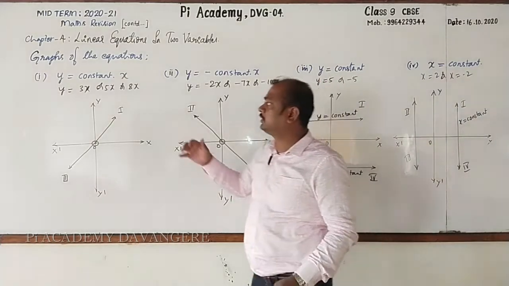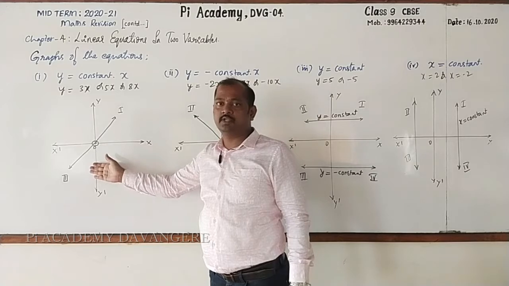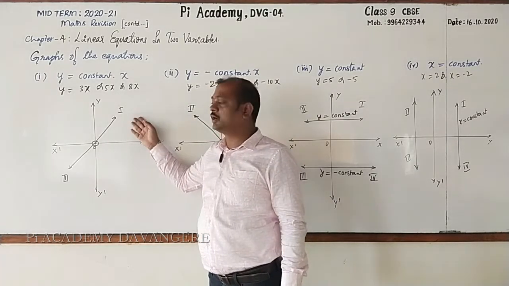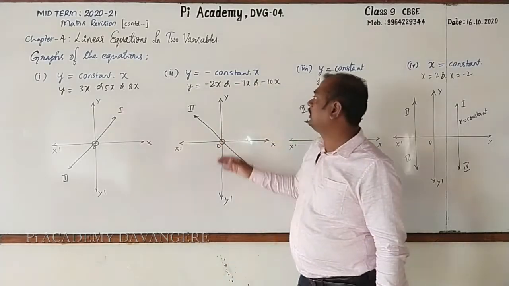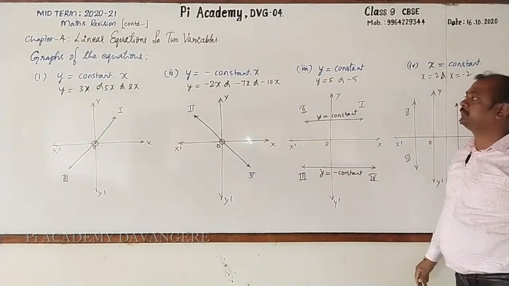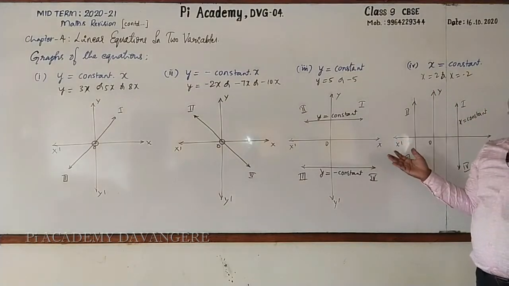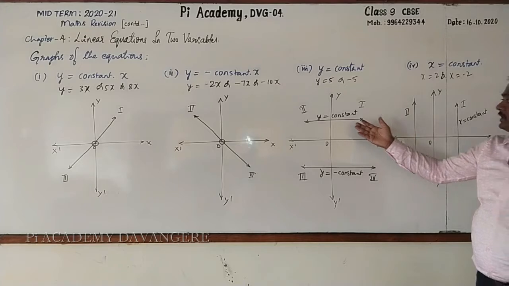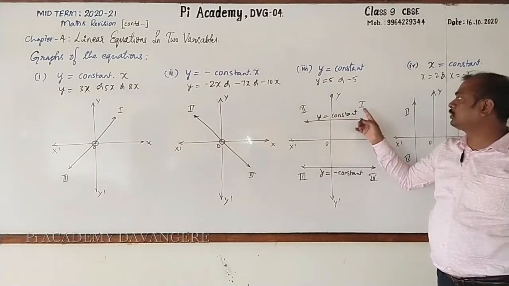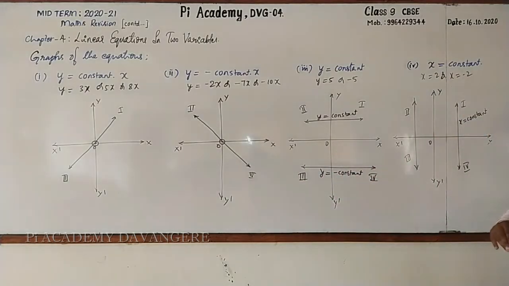Once I repeat them. If y equal to constant into x, it passes through the origin. If that constant is positive, it passes through the first and third quadrants. If it is negative, it passes through the second and fourth. If y equal to only a constant, then it is parallel to the x-axis. If it is positive, it passes through the first and second quadrants. Negative, it passes through the third and fourth quadrants.